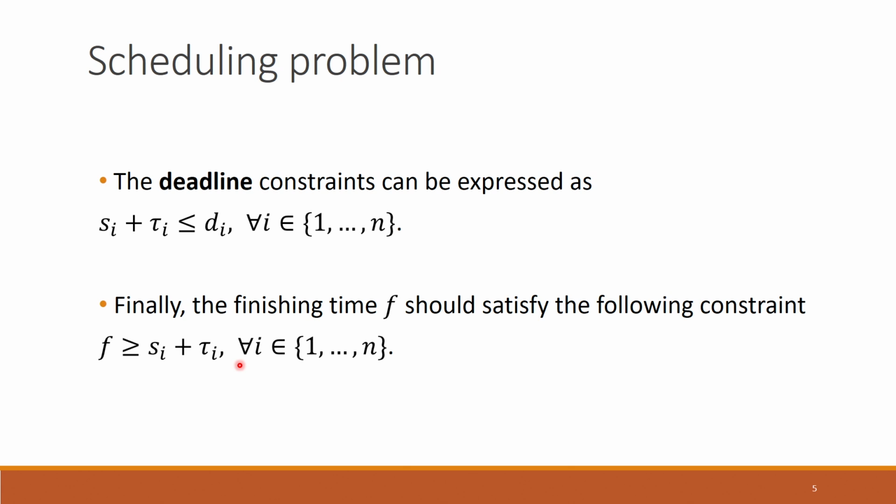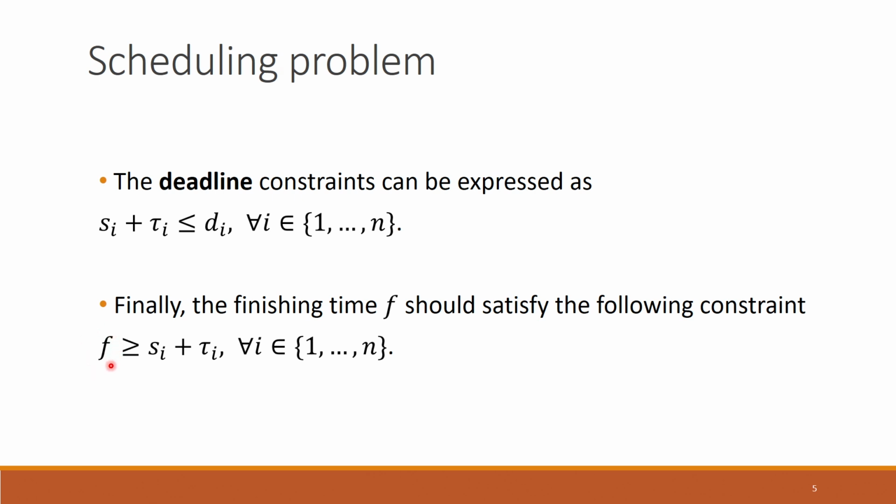So, the finishing time will always be greater than or equal to Si plus tau I for every task here, okay. And you can see here that although f is greater than or equal to Si plus tau I, the objective function is to minimize f here.